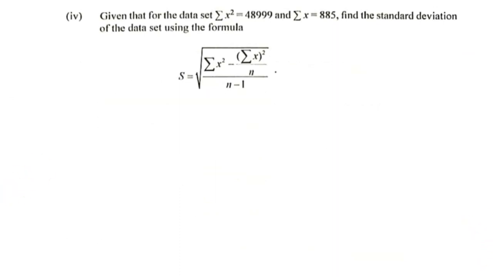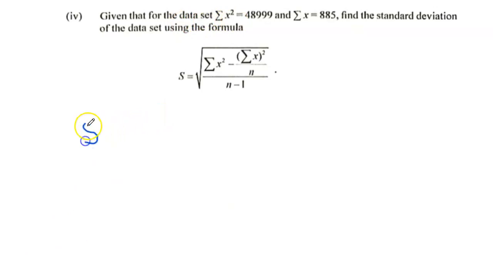Given that for the data set the sum of x squared is 48,999 and the sum of x is 885, find the standard deviation of the data set using the formula. It's just basic substitution.